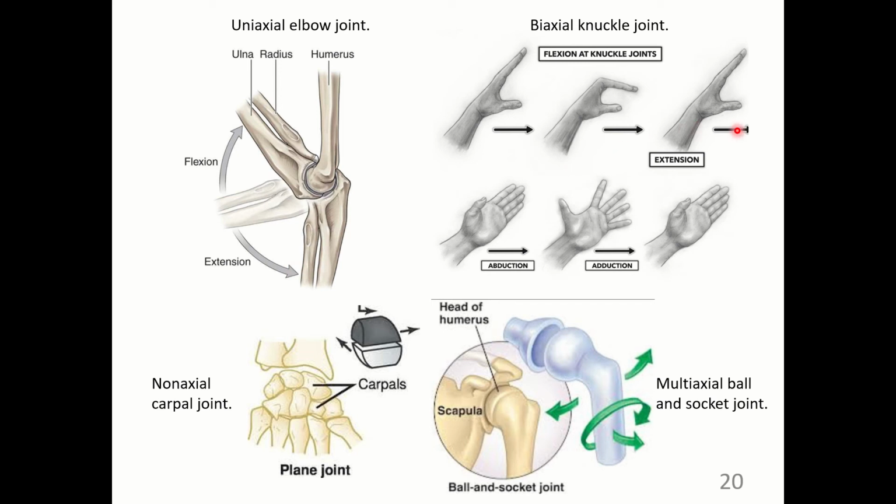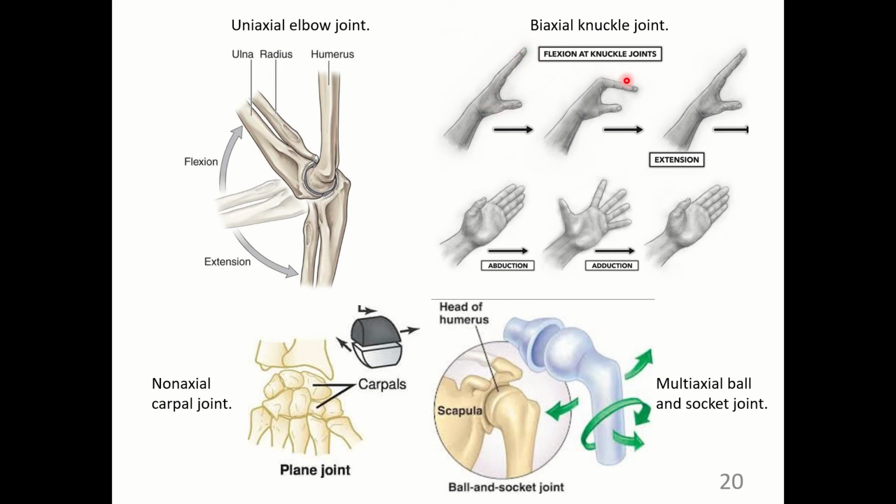So the top is showing the flexion and extension of the knuckle joints, which is where your digits meet your metacarpals. Extension will increase the angle of the joint, so it's straightening your fingers out.